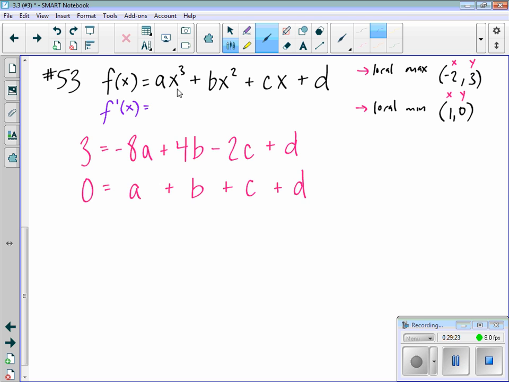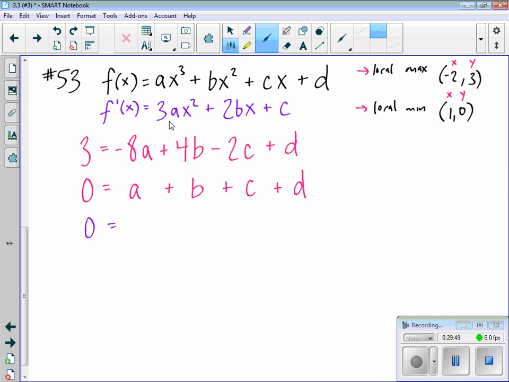What's the derivative of this? 3ax squared plus 2bx plus c. Okay, so the derivative is going to equal 0. So this is going to be 0 over here.